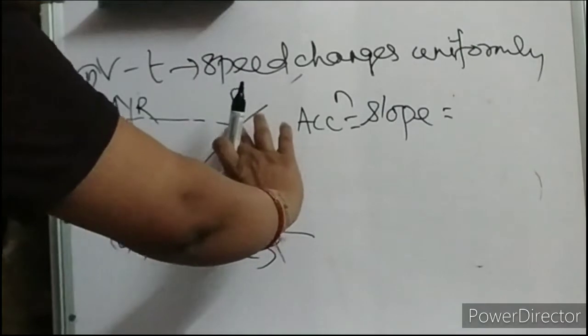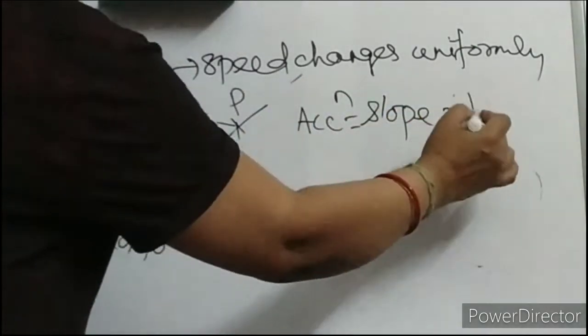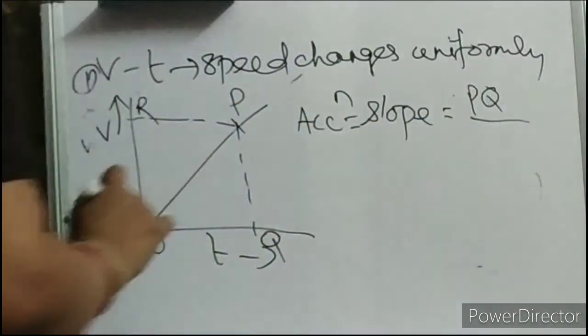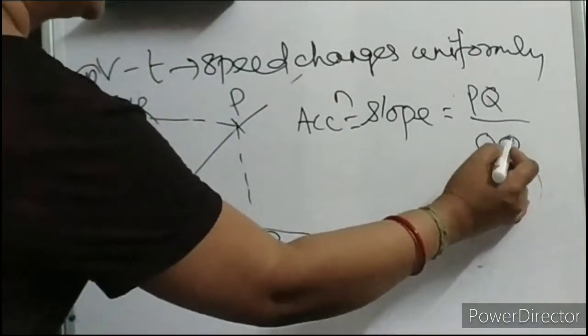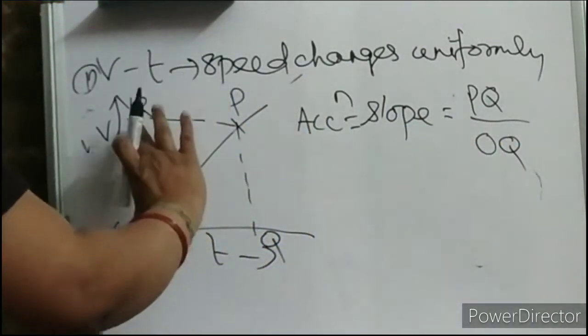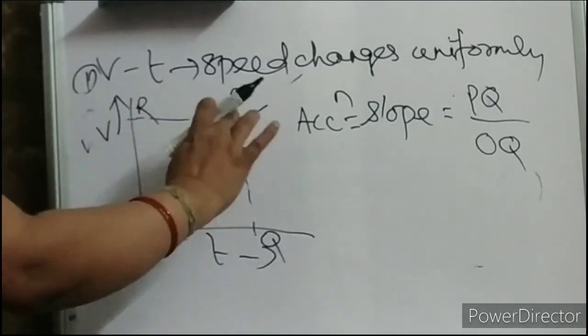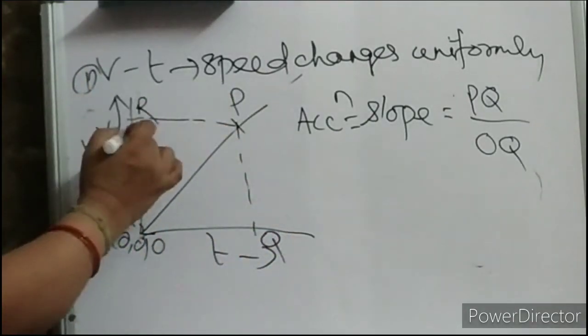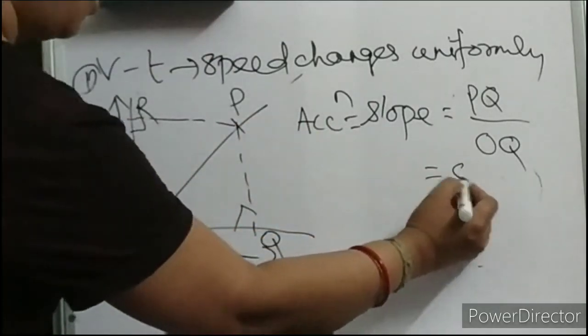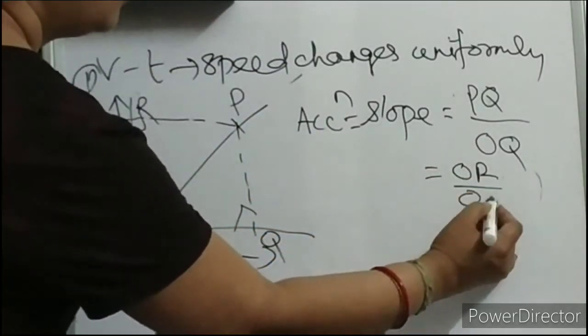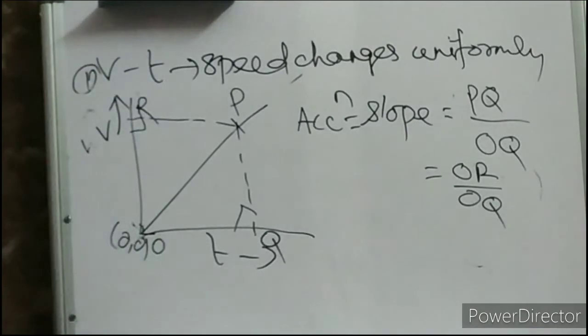PQ divided by OQ. Is it clear? What is PQ? This is simply OR. This is parallel. You are dropping perpendicular only. Okay. So easily you can calculate your acceleration. You can write OR divided by OQ. Clear?